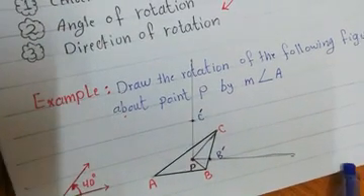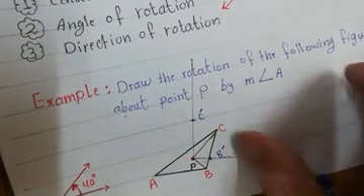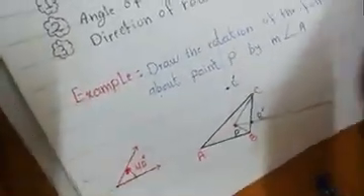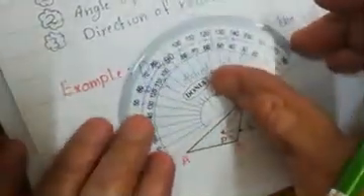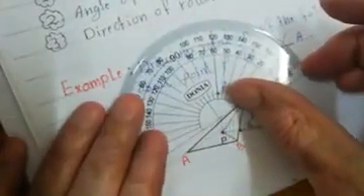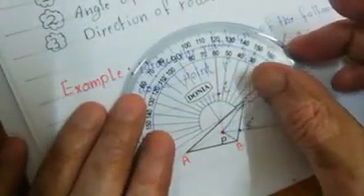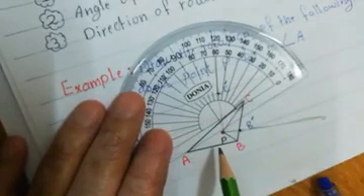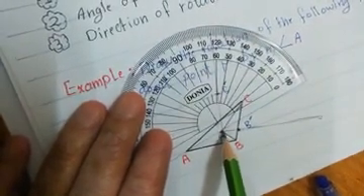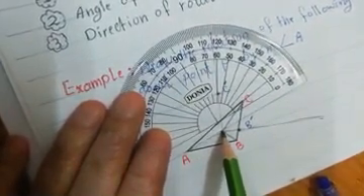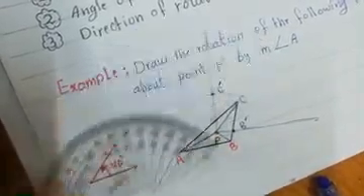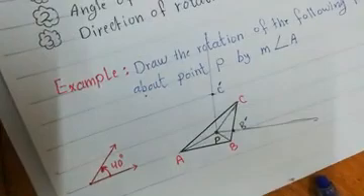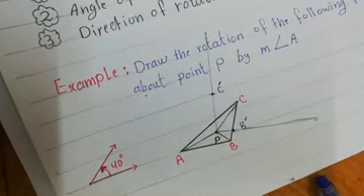I will do the same thing for the third vertex, which is A. I will connect the center of rotation and the vertex A. Then I will move it.